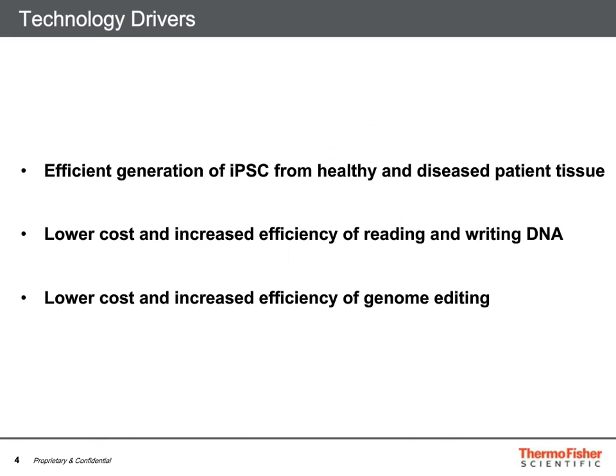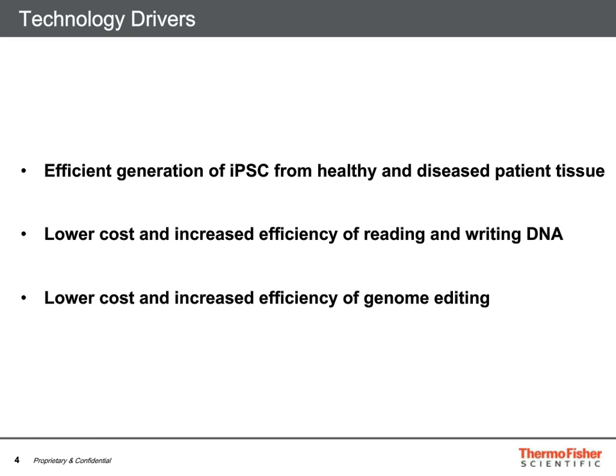So just to touch base on technology drivers, one of the drivers that I didn't mention, but I think we're all aware of, is that within the last several years, we can efficiently generate induced pluripotent stem cells from healthy and diseased patient tissue.